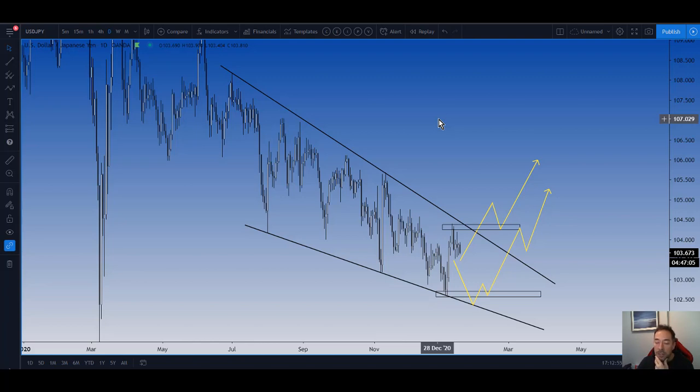So a couple of things to look out for on dollar yen. Either it breaks out, pulls back, retests, or drops, maybe makes a new low or makes a double bottom here. Look for buyers to come in, little pullback, buyers to come in again, look to get in long.